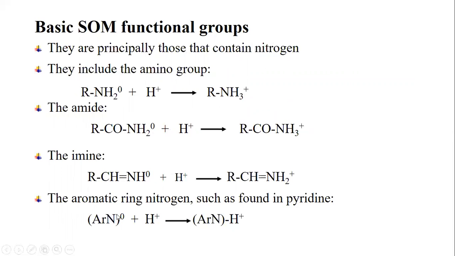Pyridine is a ring with nitrogen attached to it. So again, protonation: it takes a proton and becomes positive. We will stop here, and I think there will be another lecture. Maybe we will cover the soil organic matter. We will stop today here.